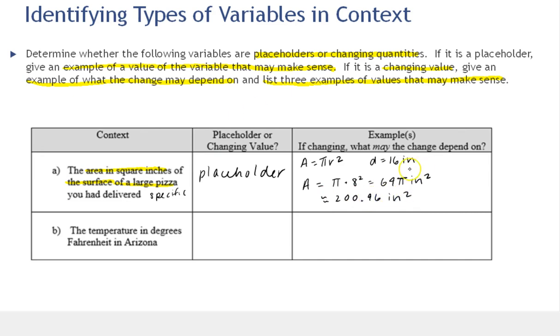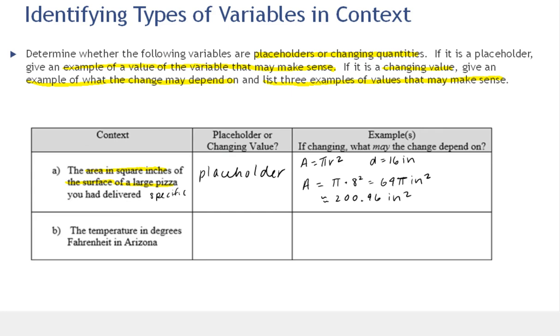Okay. So this is an example. The pizza itself may be exactly 200 square inches. It could be a little less, a little bit more. It could be 300 square inches. It could be a huge, large pizza. But I just wanted one example that made sense. So I used information based on my knowledge of pizza and made an approximation using a formula.